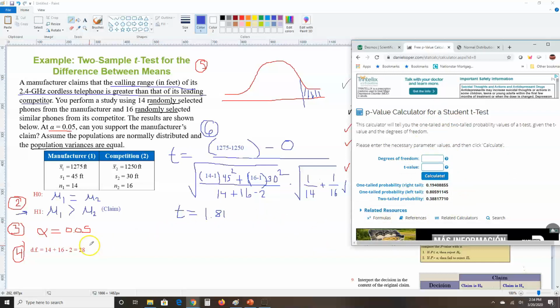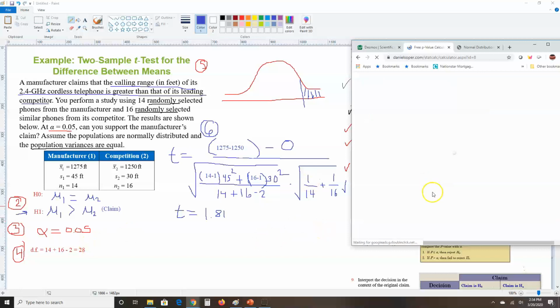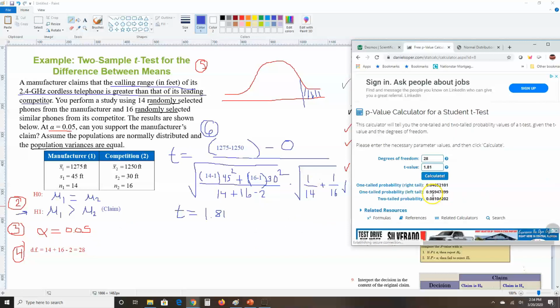What is my degrees of freedom? 28. What was my t-value? 1.81. Calculate, and you're gonna get 3 answers. Now, which answer you're gonna choose? See the 3 answers? It all depends on your picture. So I have one tail to the right, so that will be the first one. And look, this is my p-value. Oops, only the first number, okay?